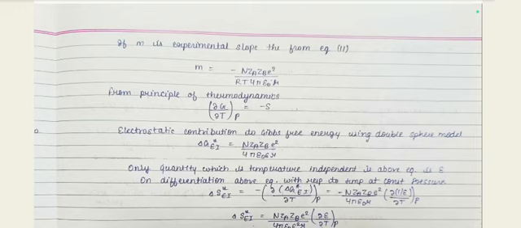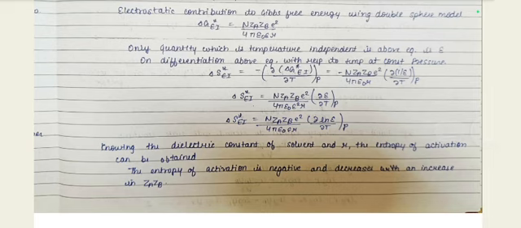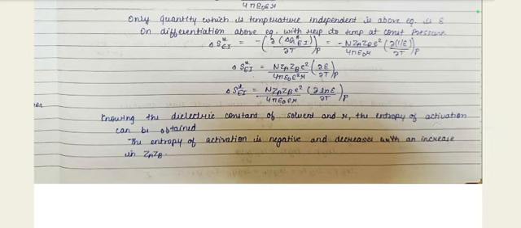delta S star EI is equal to minus del delta G star EI by del T at constant P, which is equal to minus N Za Zb e square by 4 pi epsilon naught r del 1 by epsilon by del T at constant P. Delta S star EI is equal to N Za Zb e square by 4 pi epsilon naught epsilon square r del epsilon by del T at constant P. Delta S star EI is equal to N Za Zb e square by 4 pi epsilon naught epsilon r del ln epsilon by del T at constant P. Knowing the dielectric constant of the solvent and r, the entropy of activation can be obtained.